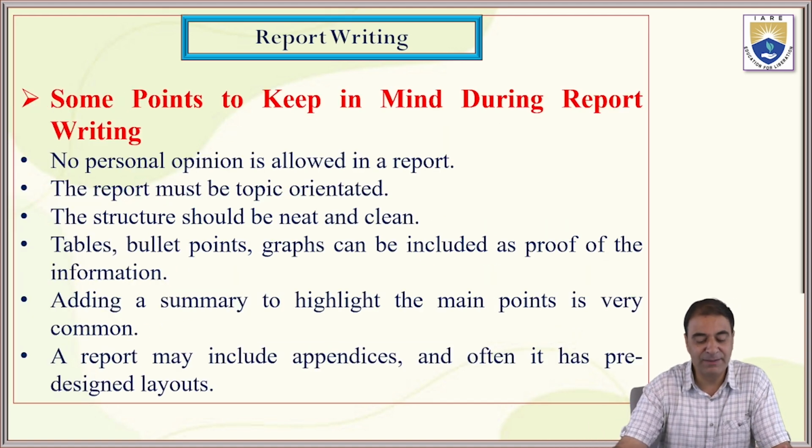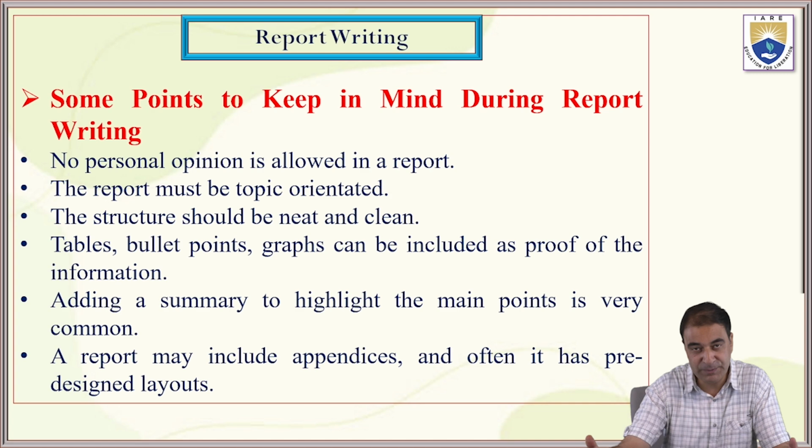And here are some points to keep in mind during report writing. And the first one is no personal opinion is allowed in report. As I told you that we can't express our own views, own ideas, our own biases in a report. Reports must be objective, unbiased. That's why we don't give our personal information in a report.